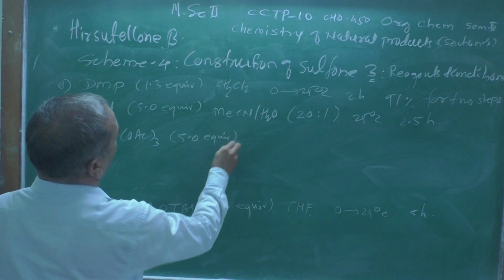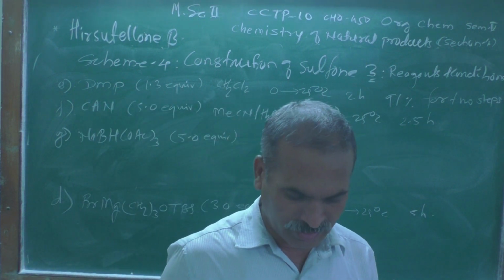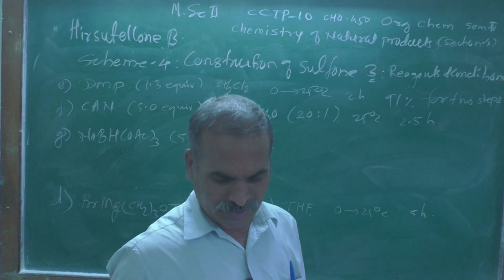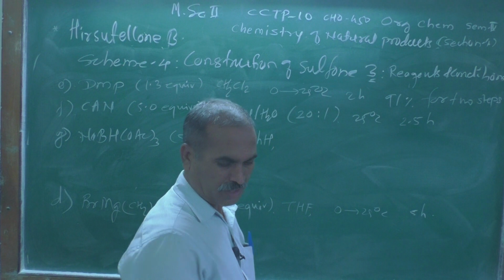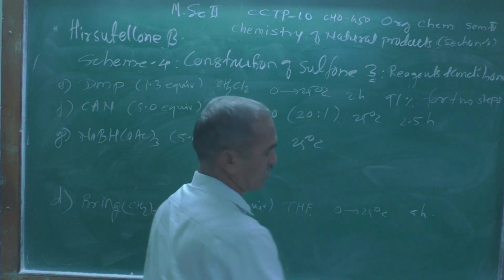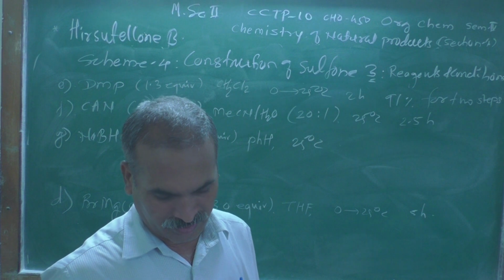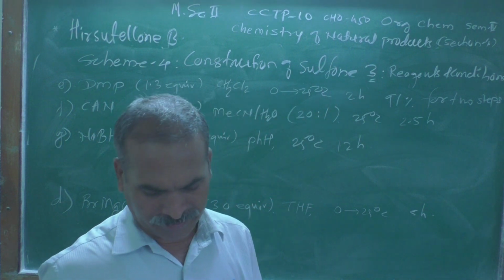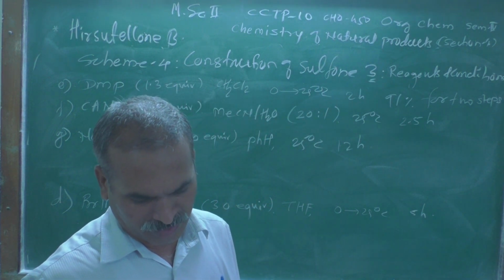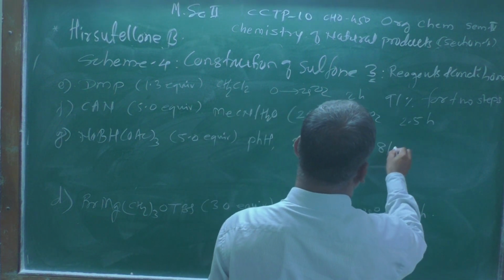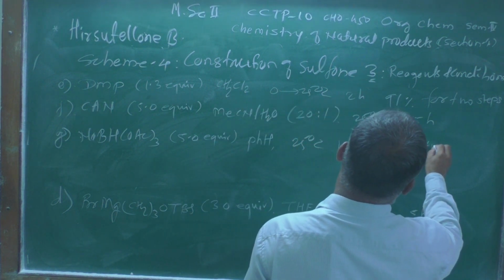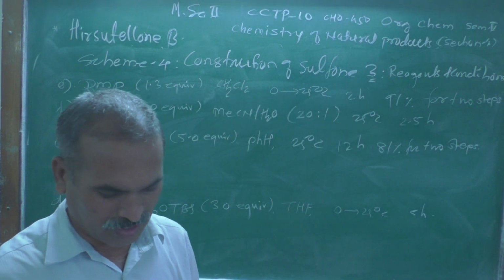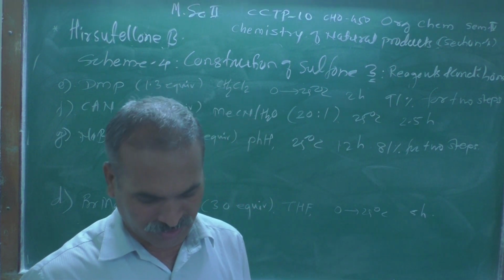Along with this, the solvent they have used is benzene, and the temperature they stirred at is 25 degrees centigrade, means at room temperature, and the reaction was kept for 12 hours, and 81% for 2 steps. This is the reagent they have used, and they have got this much percentage of the yield.